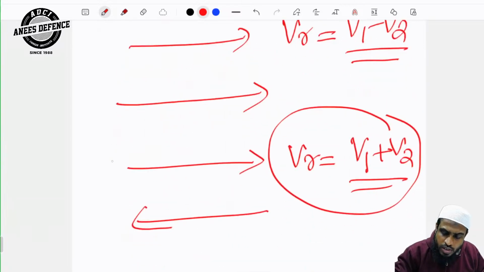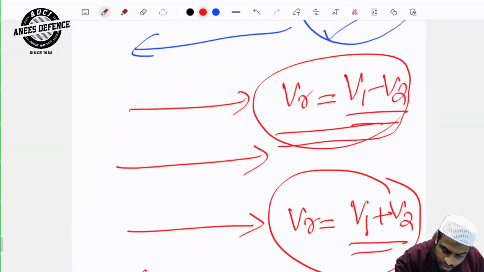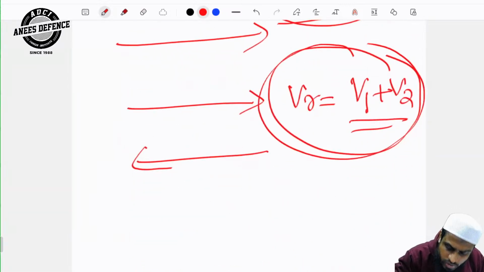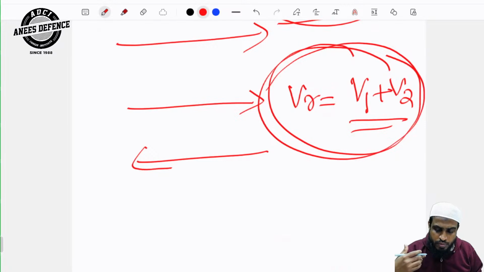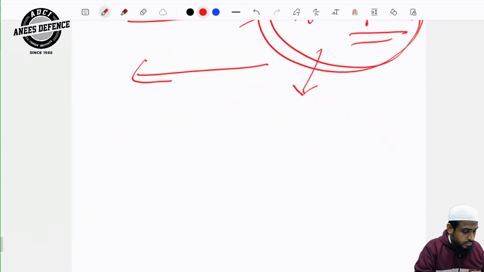In the first case, both are moving in the same direction and not separating quickly, therefore the velocity should be considered less. In the opposite direction, the magnitude should be the sum of the two velocities. Clear?